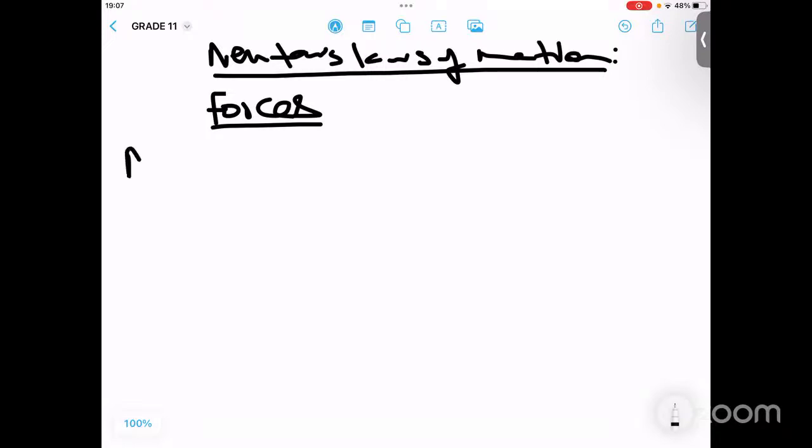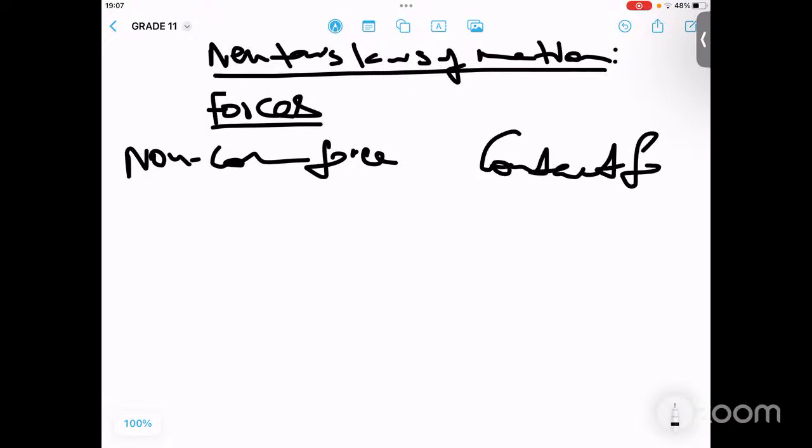So the moment I say non-contact forces, automatically it means there must be contact forces. So these are the two forces that we are just going to compare for now, just so that you've got an idea of what we are referring to in terms of the contact and the non-contact forces.